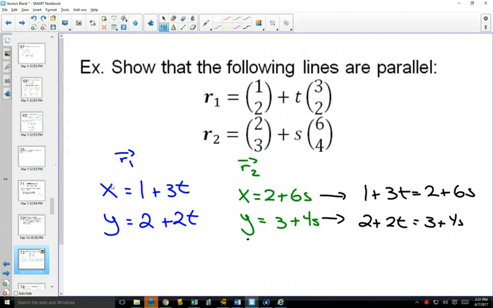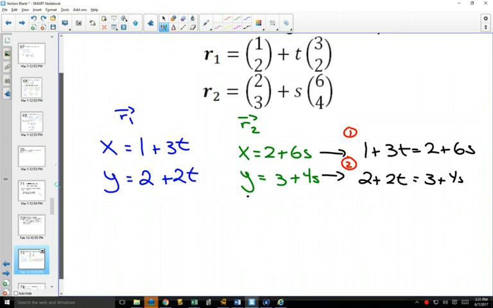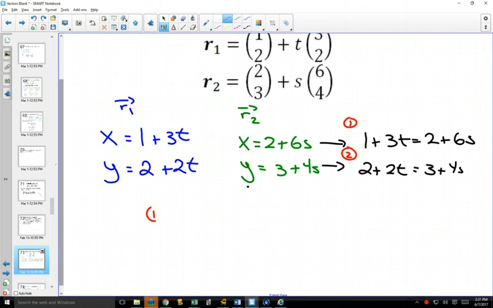So if I use the elimination technique, I'm going to call this equation 1 and this equation 2. I'm going to take equation 1 and multiply it by 2 and rewrite it here. So that would give me 2 plus 6t equals 4 plus 12s. And I'm going to take my equation number 2 and multiply it by a negative 3.